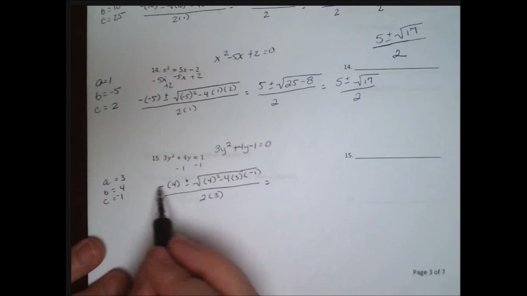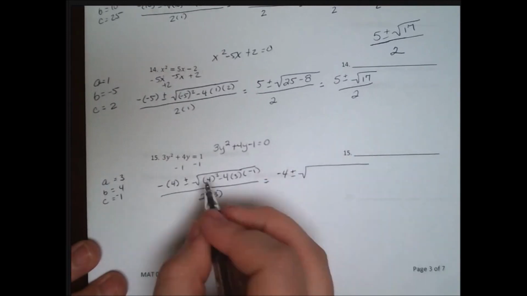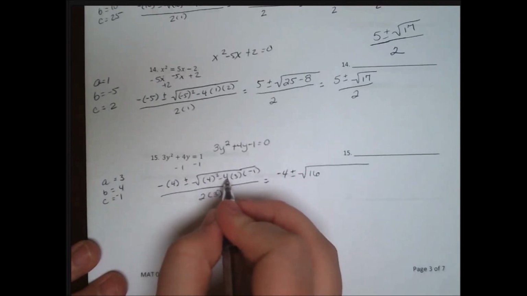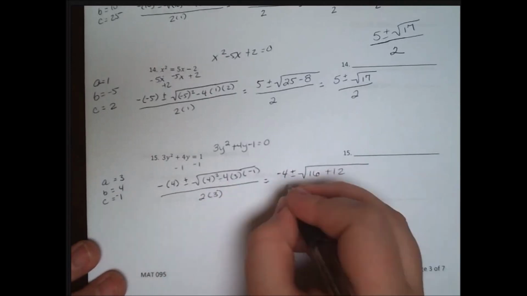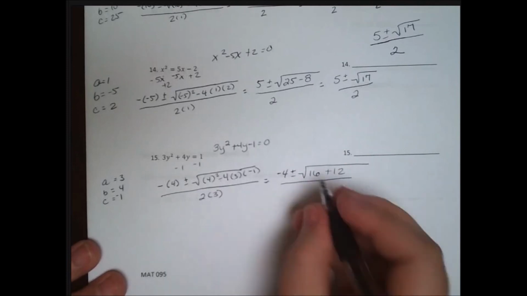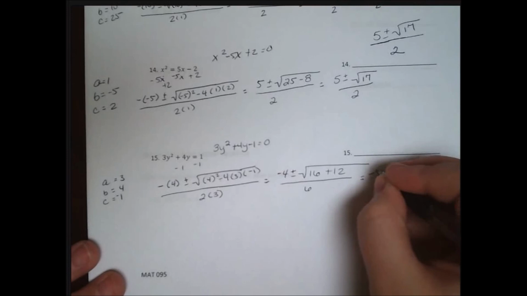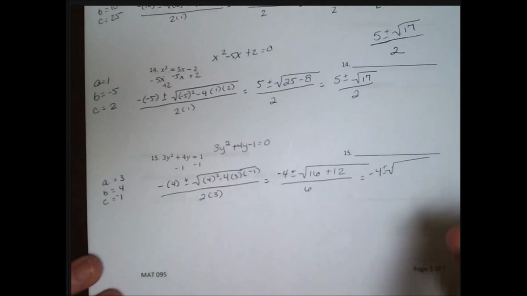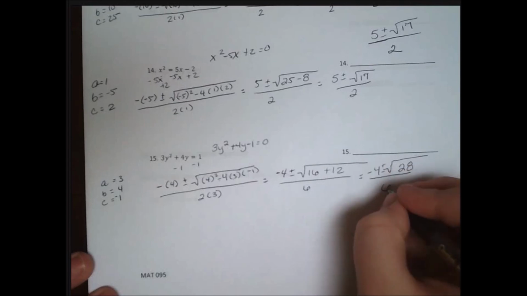So the opposite of 4 is negative 4. 4 squared is 16. Negative 4 times 3 is negative 12, times negative 1 is positive 12, all over 6. Then we have 16 plus 12 is going to give us 28 all over 6.